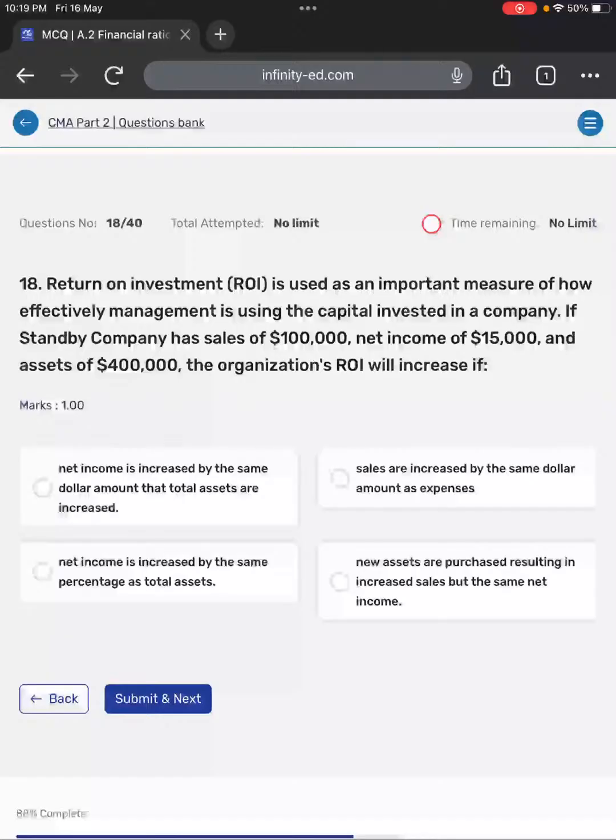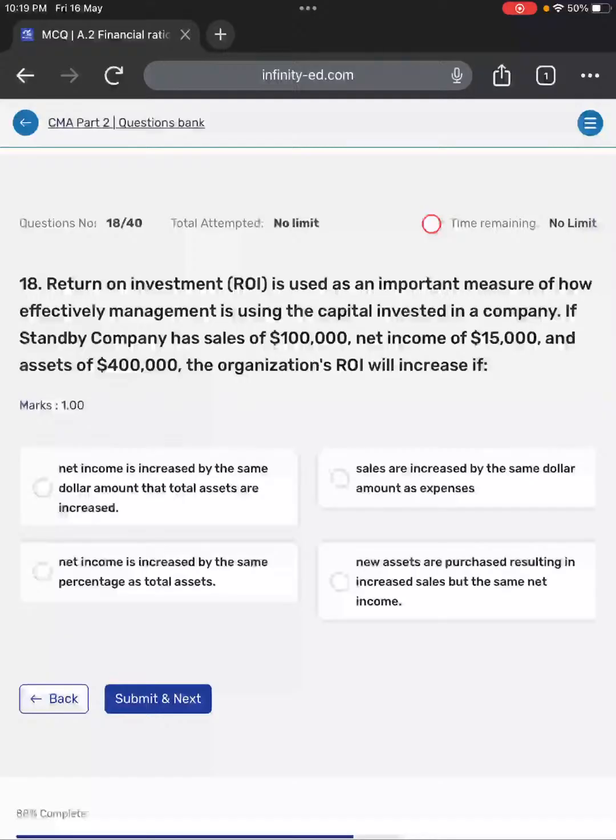Option B, sales are increased by the same dollar amount as expenses. Option C, net income is increased by the same percentage as total assets. And option D, new assets are purchased resulting in the increase in sales but the same net income.